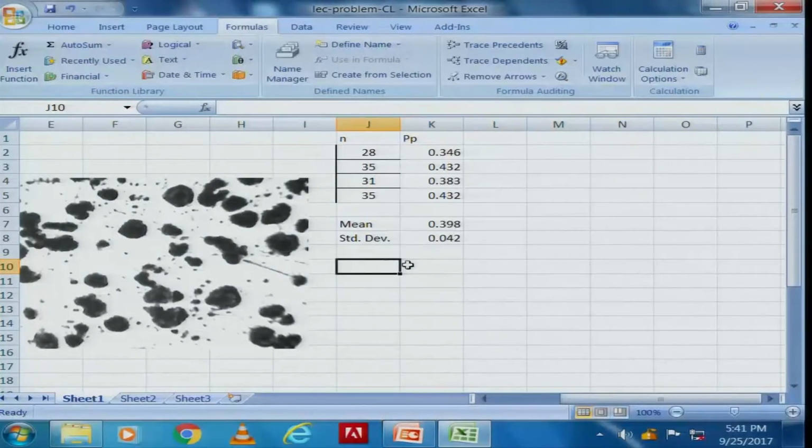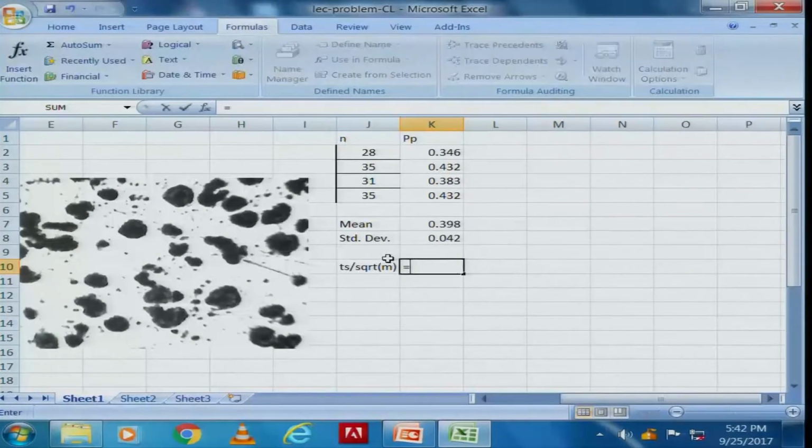I calculate now t s divided by square root of m. So, remember t was 3.182 multiplied by the standard deviation, which is K8, divided by, m is 4, square root of 4 is 2. So, I will just put 2 here, and I get 0.067, which is what I had calculated for the t.